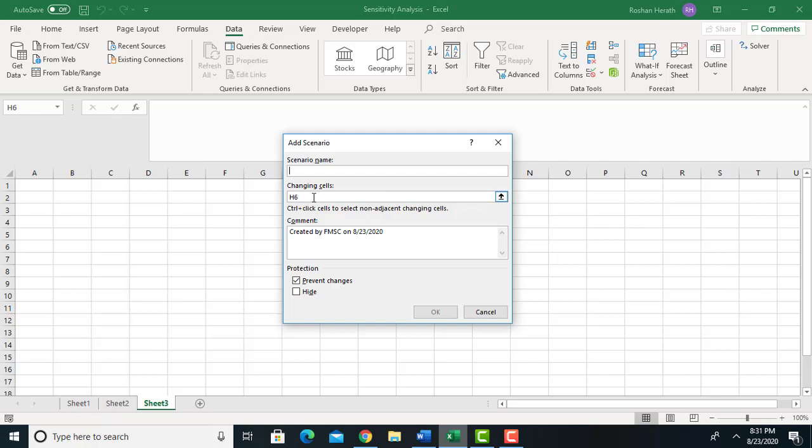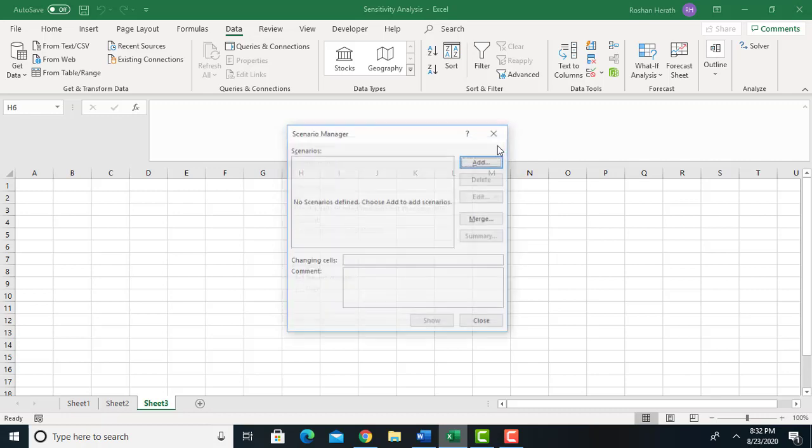In that, you'll be picking these input cells, and those are called the changing cells. Having selected those, you can simply click OK. Once you click OK, you can feed the input, and then you have finished adding one scenario. Then you can go to the next scenario and do the same, and likewise, depending on the number of scenarios that you have, you can add them initially. So that's how we do it.